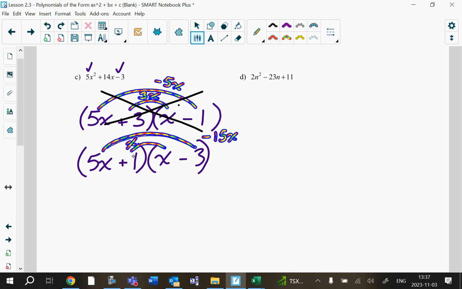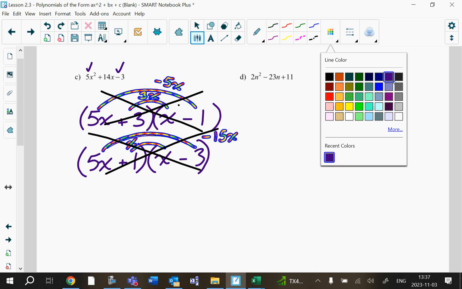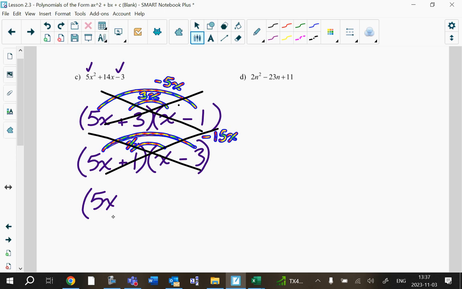Switch the sides. So 5x minus 1, x plus 3. Again, this one took us a while, but you guys will reach the point where you'll be able to pick the correct answer by figuring it out as you go.